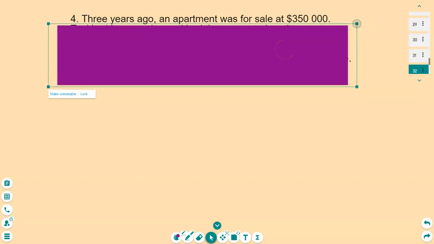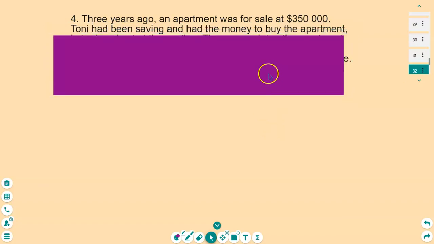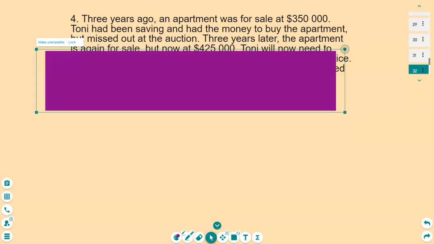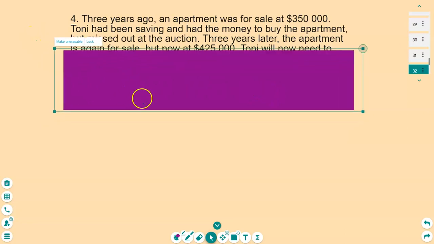3 years ago, an apartment was for sale at $350,000. So getting into some big money now. That's kind of exciting. Tony had been saving and had the money to buy the apartment, but missed out at the auction. This rectangle is getting annoying now. You know what?